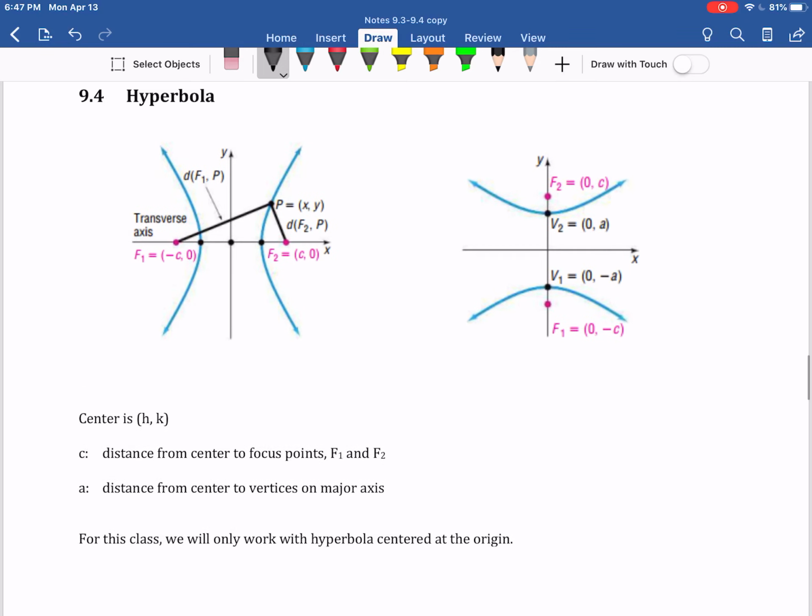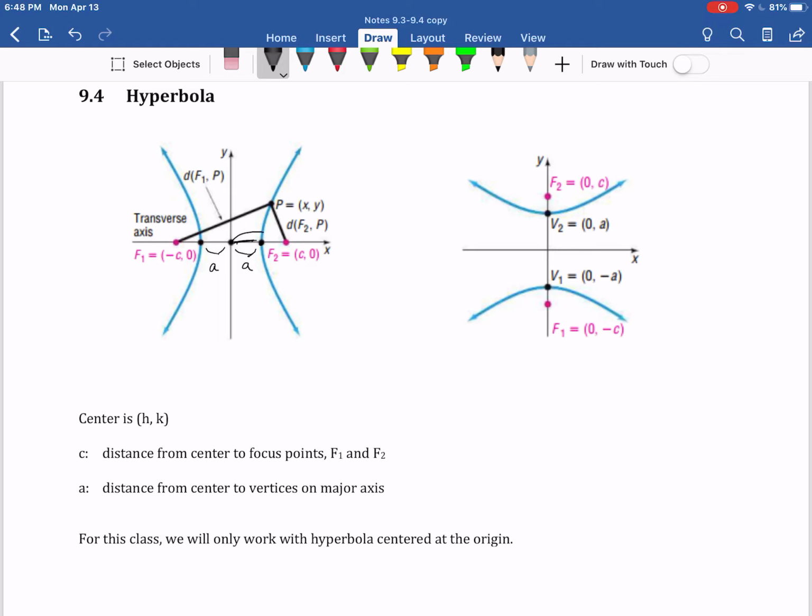If you look back up at your graphs, do you see where c is located? Well, the value of a in this graph on the left would be the distance from the center to that vertex point here on the x-axis. So that distance would be a, and this distance would also be a units. You see where the value of c is.